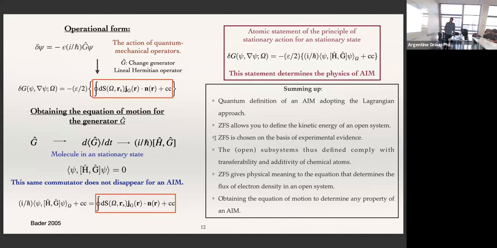And the zero flux surface gives physical meaning to the equation that ultimately determines the mathematical structure of QTAIM. In the end, the atomic statement is obtained that determines any property of an atom in a molecule.